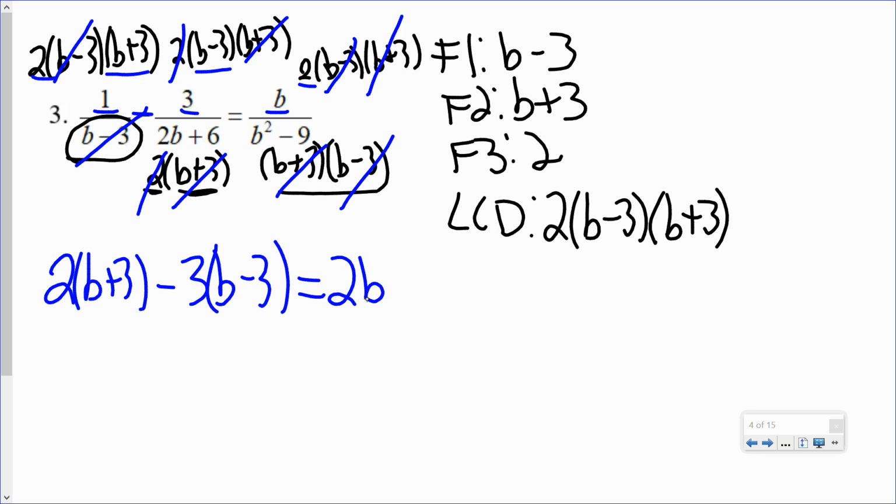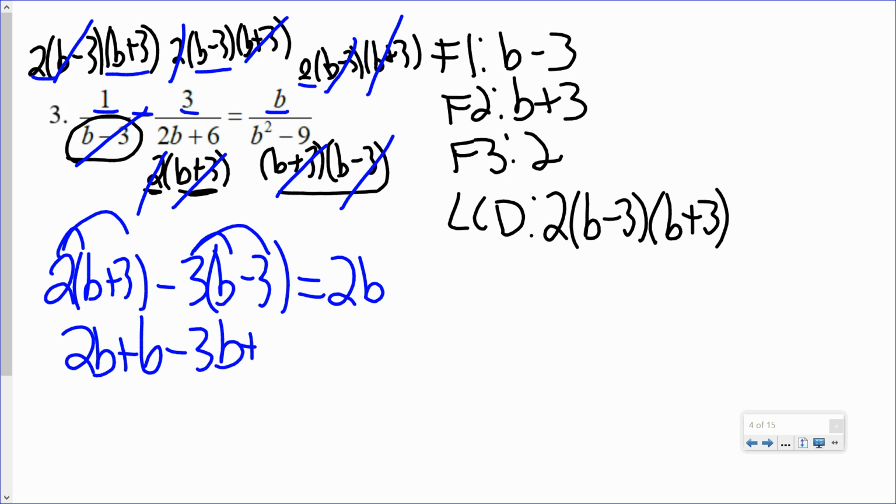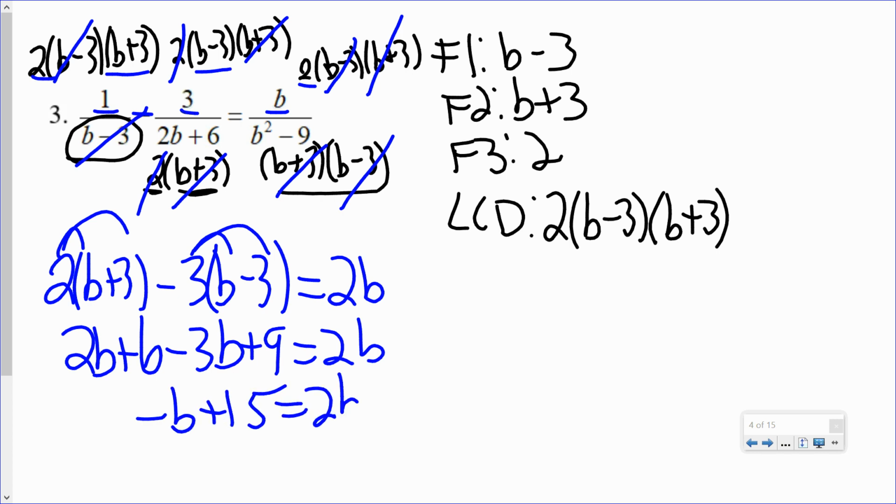Now that my fractions are gone, I'm just going to go back to 7th grade. There's no b squareds in this one, so I don't have to worry about dealing with Mr. X squared. I distribute each of them. I combine like terms. I bring all x's to one side, or in this case all b's to one side.